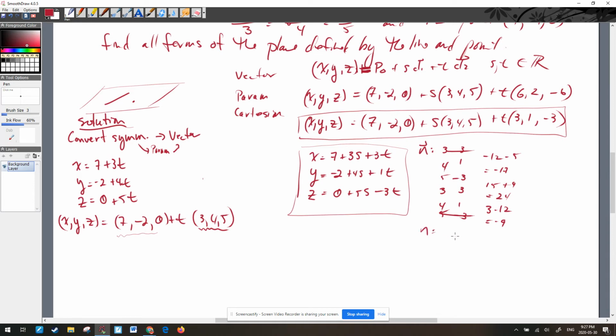So I have found, if I've done it correctly, that the normal vector is going to be equal to, not very nice numbers, -17, 24, and negative 9. And while that is a normal vector, the one that we want has to be both in lowest terms and have a positive leading coefficient. So I'm going to make that 17, negative 24, and 9.